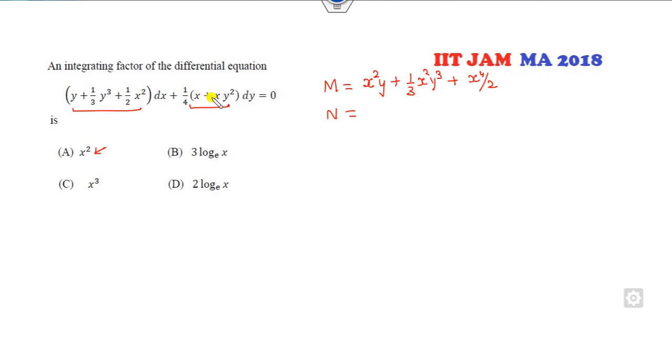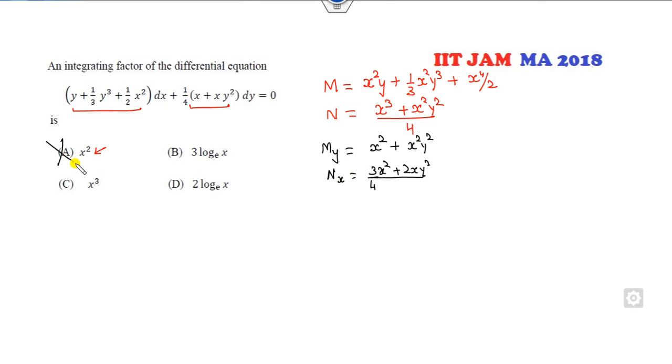Then N will be, if I multiply by x square, x cube plus x square y square over 4. Then what is the partial derivative of M with respect to y? It's x square plus x square y square. What is the partial derivative of N with respect to x? 3 over 4 is there, 3x square plus 2xy square, which is not equal, so this option is cancelled out.